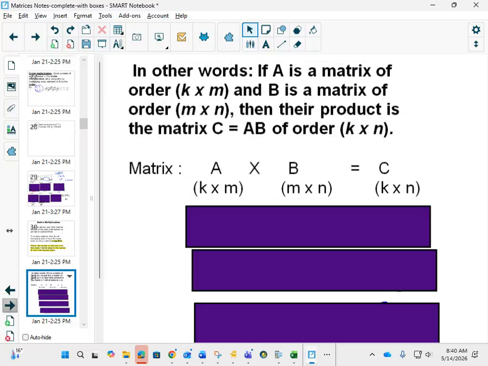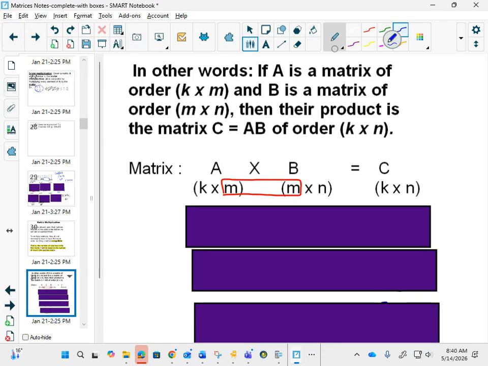So the middle numbers have to be the same. That makes them compatible. And then the size of the answer is the outside numbers.